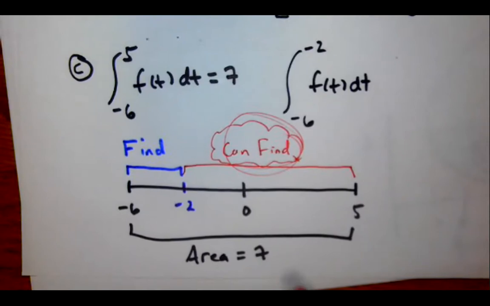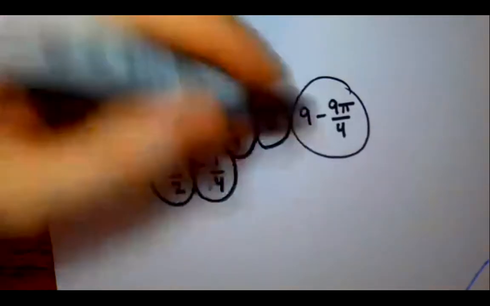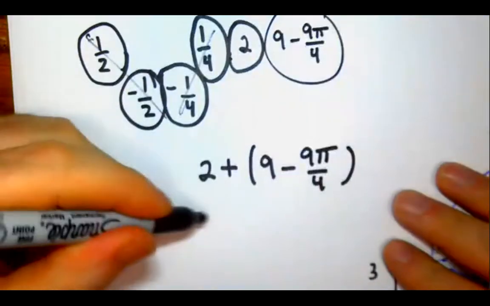Subtract from 7. 7 minus whatever we just figured out. What did we just figure out? I don't know. Let's figure out what we just figured out. What we just figured out was 2 plus 9 minus 9 pi over 4. Up to you how you write this.